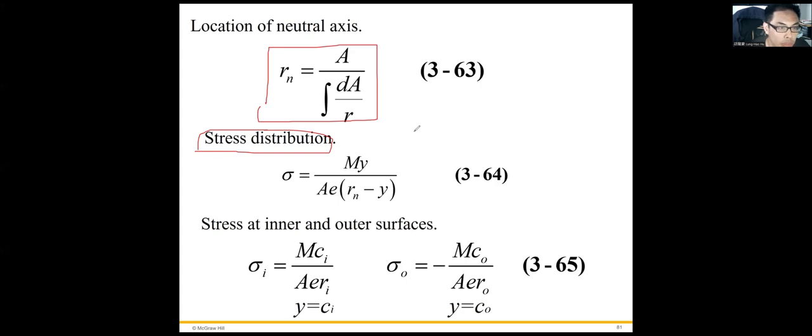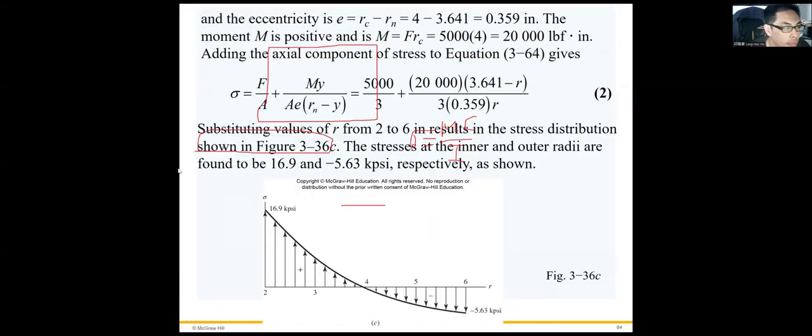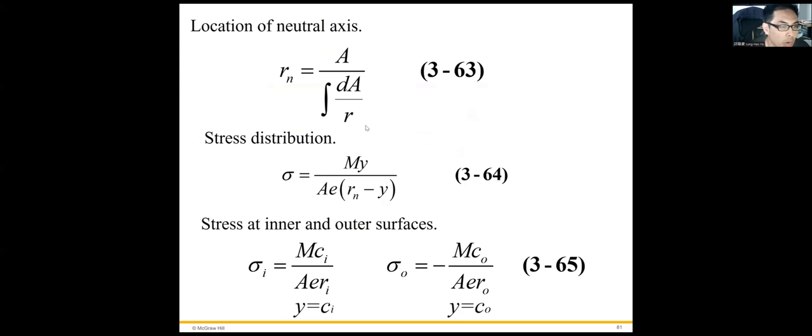the regular beam is sigma equals Mc over I, right? So where's the Rn minus r? Rn right here minus r is y.